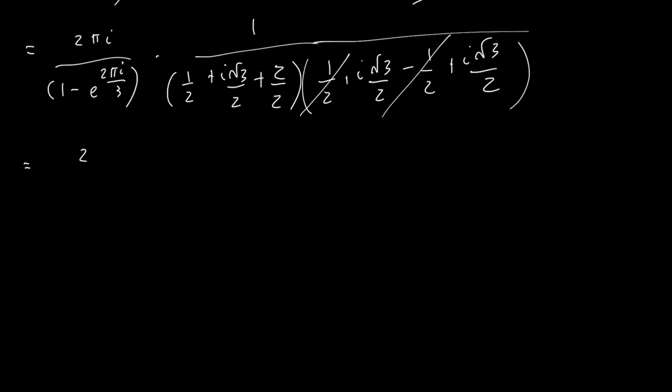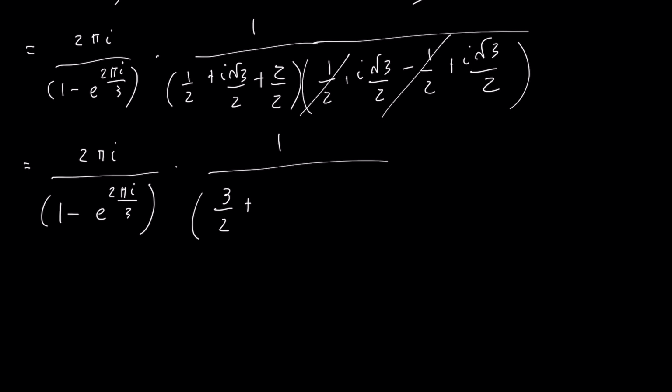So we have this, and the 1/2s cancel here, and 1/2 plus 1 will be 3/2. So we have 2 pi i over 1 minus e to 2 pi i over 3 times 1 over 3/2 plus i times the square root of 3 over 2, and i square root of 3 over 2 plus i times the square root of 3 over 2 would just be i times the square root of 3.